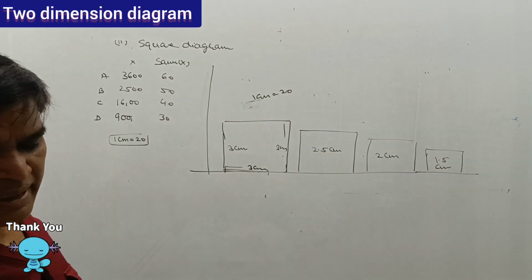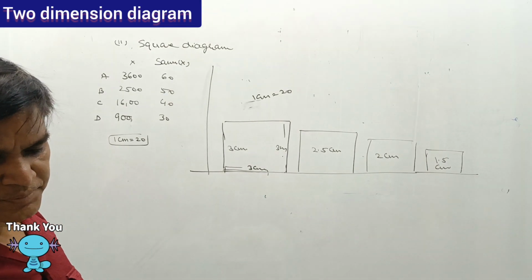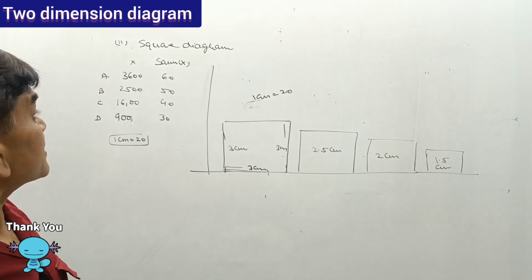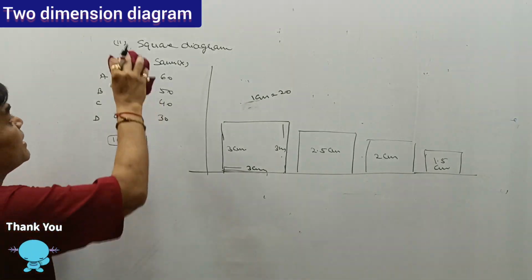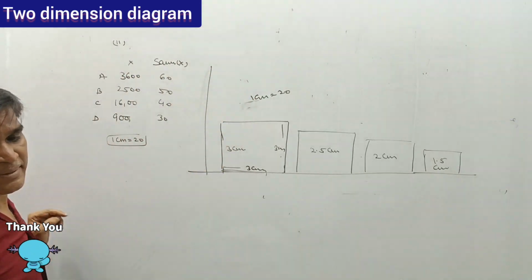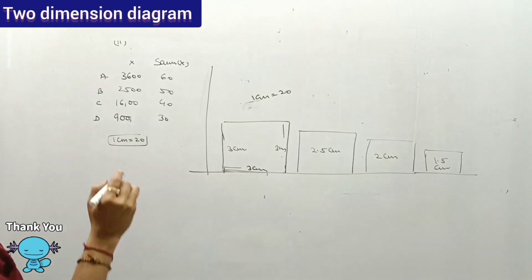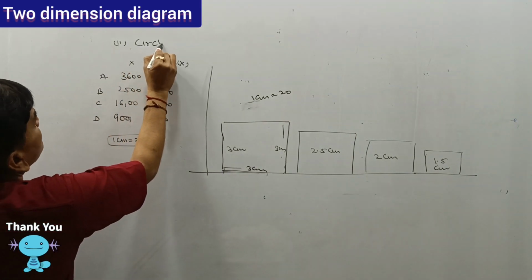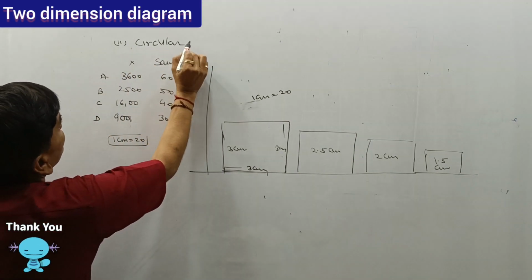One more type of diagram may also be there. That same diagram we can change into a circle diagram, a circular diagram.